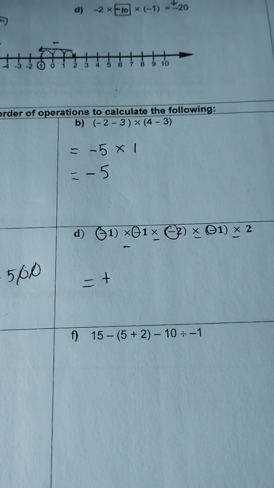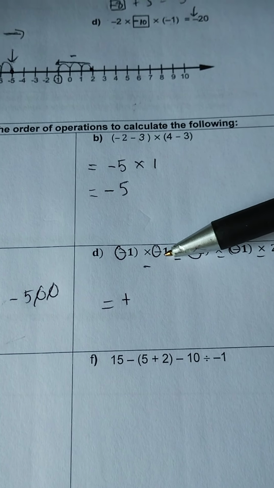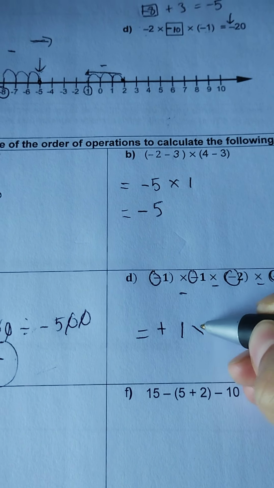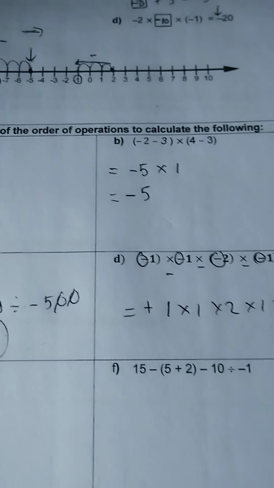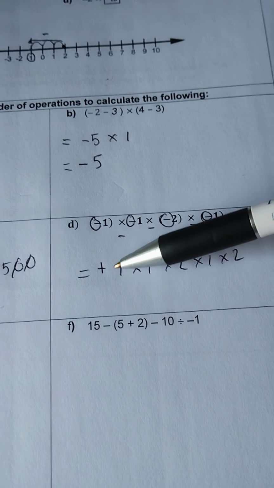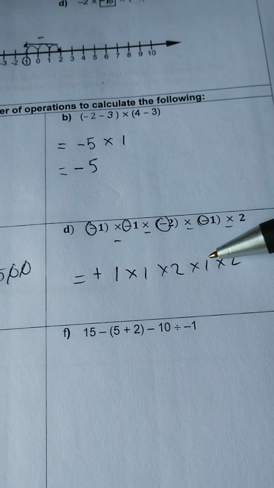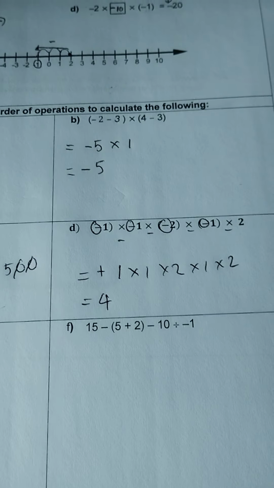Now all I have to do is multiply all my numbers. 1 times 1 is just 1. If you want to rewrite it because it looks messy, you can. We don't need those brackets. So I've got 1 times 1 times 2 times 1 times 2. Let's multiply that out. 1 times 1 is 1, times 2 is 2, times 1 is 2, 2 times 2 is 4. I'm just left with a 4, which is positive.